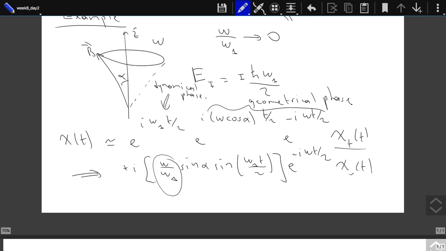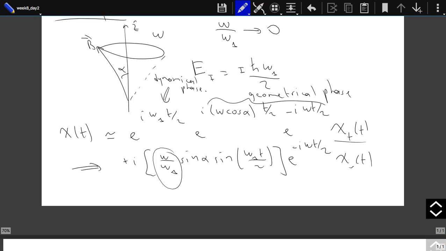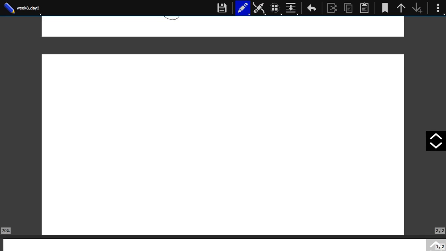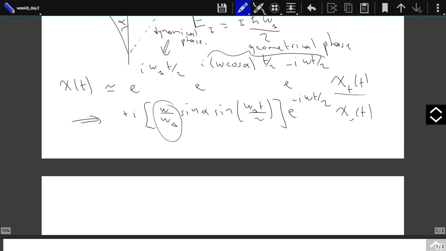So by directly looking at the time-dependent solution, we can calculate the geometrical phase. The phase here is nothing but cosine alpha minus 1 times omega t over 2. This is gamma n of t. Now the Berry phase we defined as the phase acquired when the parameters start from one value, change in time, and then you come back to your initial Hamiltonian.